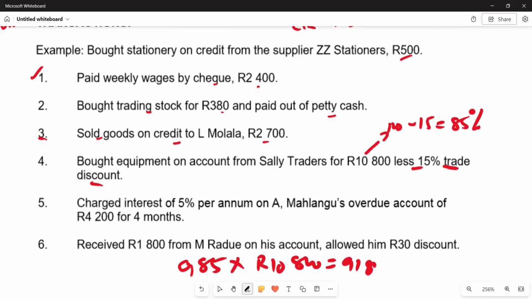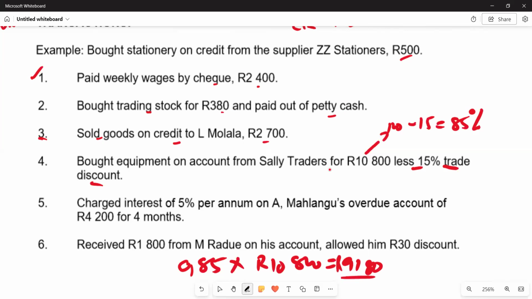We can as well try to verify that calculation by saying, sorry, 0.85, and then we multiply by 10,800, and then we are going to get 9,180, which is the figure that we have here. So this is the figure.